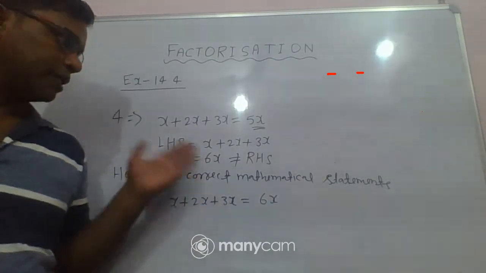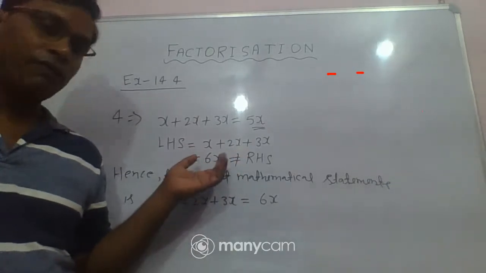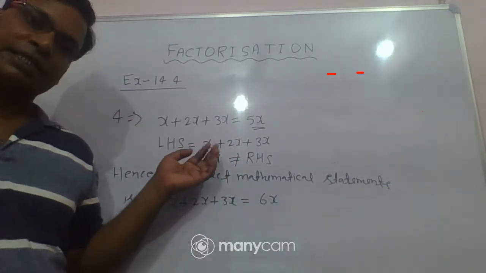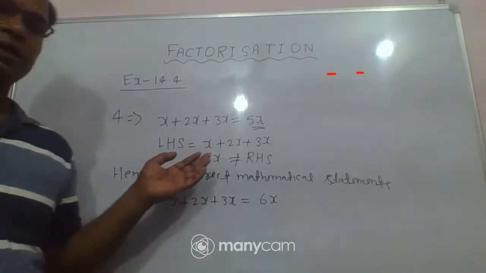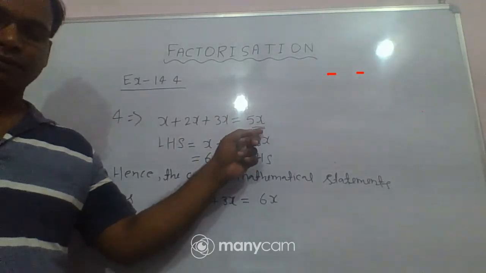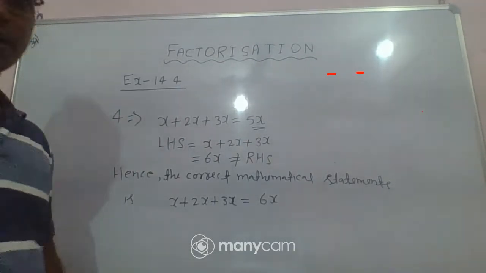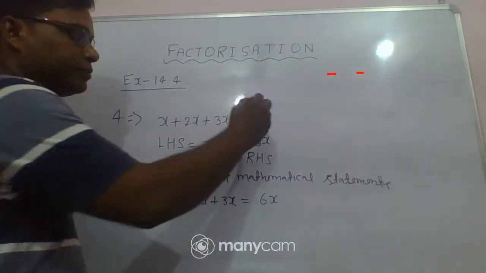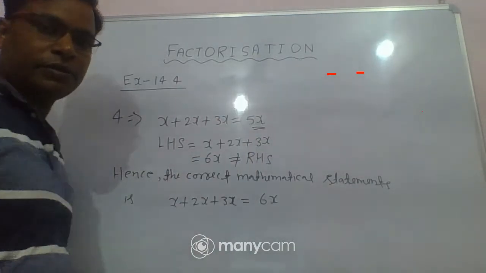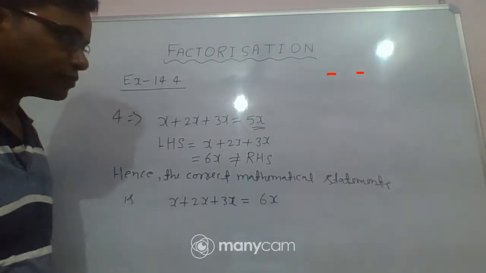So in this question you can see x plus 2x plus 3x is equal to 5x is given, but when we take the left hand side and solve it, we find 6x. 6x is not equal to 5x. So the error is here. 5x is the error. Clear?